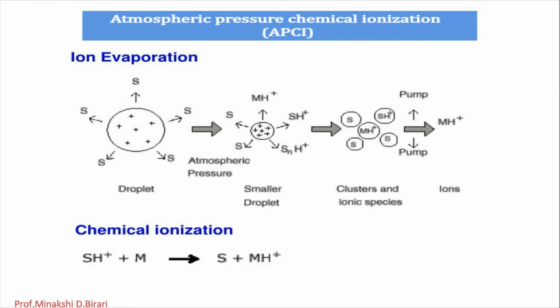So ionization occurs by two methods. When the solvent ionizes, that leads to the formation of positive ions, and when the analyte ionizes, formation of negative ions. For example, when the solvent ionizes, S plus A gives MH+ positive ions plus S-, and when the analyte ionizes, A plus S gives MH- negative ions plus SH+ ions.